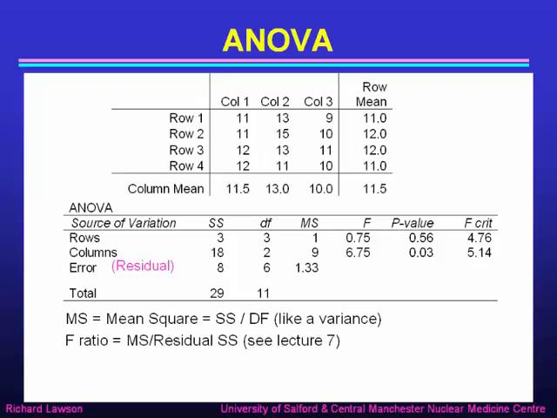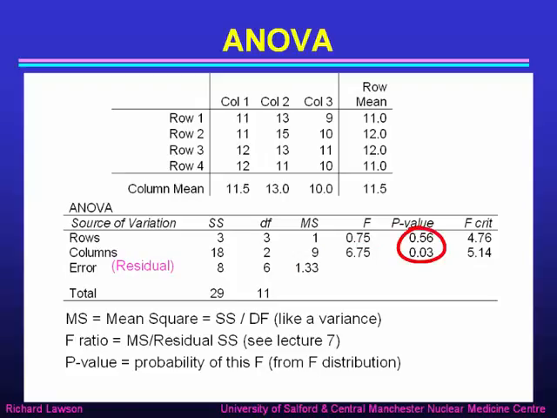But in this case, we get for the row, it's the mean square of 1 divided by the residual mean square of 1.33, which gives 0.75, and for the column it's a mean square of 9 divided by a residual of 1.33, which is 6.75. So those are the F ratios. The p-value is the probability of getting that from the F distribution. This is another distribution that we haven't talked about, but we'll talk about more in lecture 7.